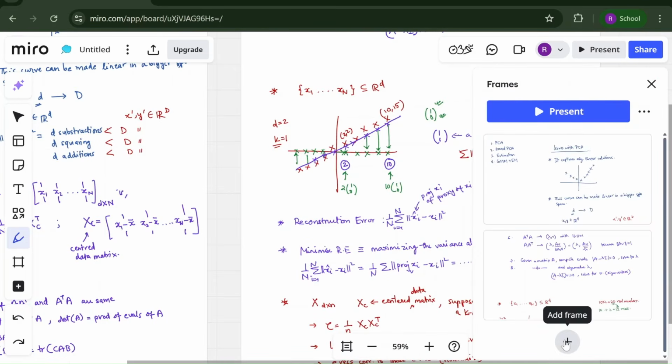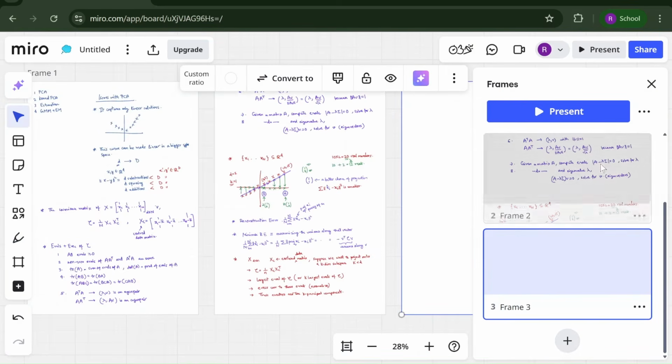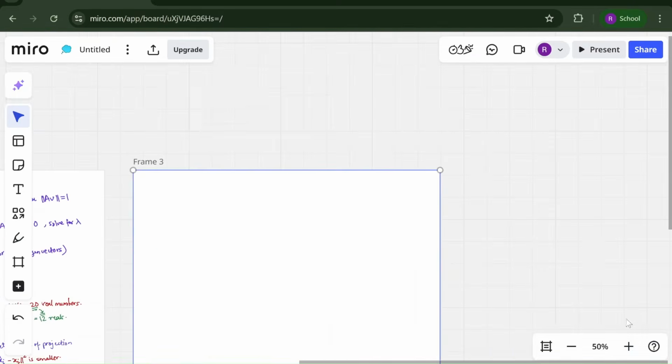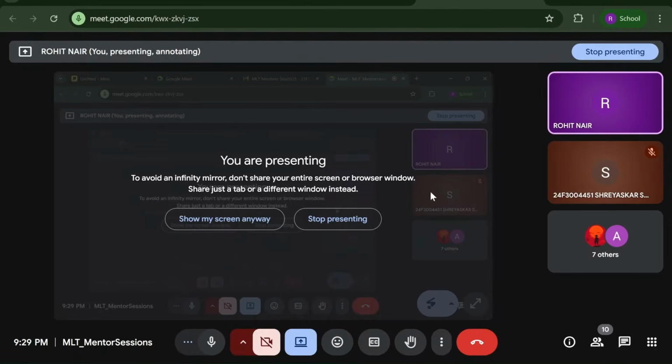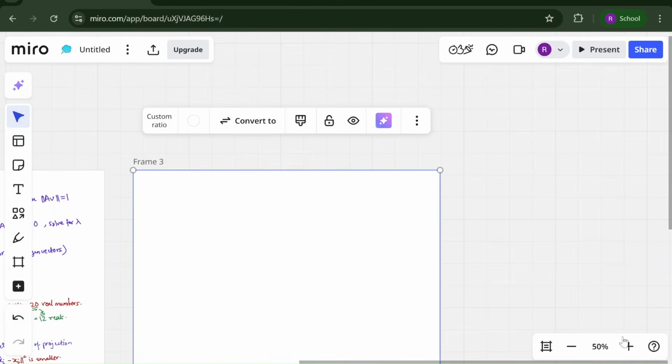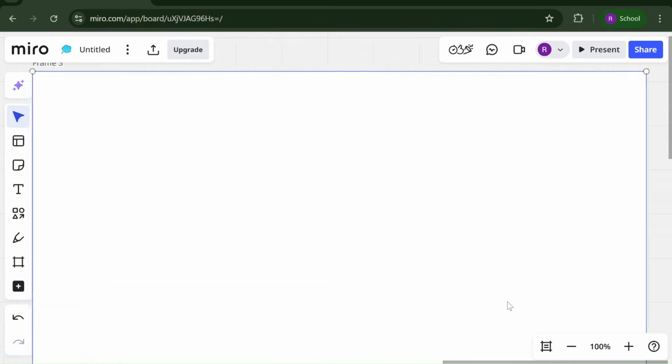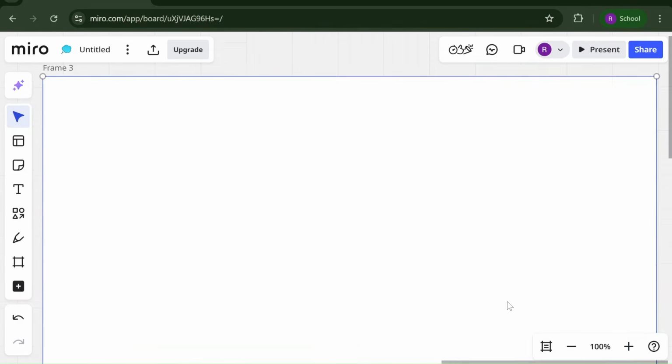We will move to kernel PCA next. Before that, any question, guys? Okay, I guess no questions. If there are no questions, we will move to kernel PCA.